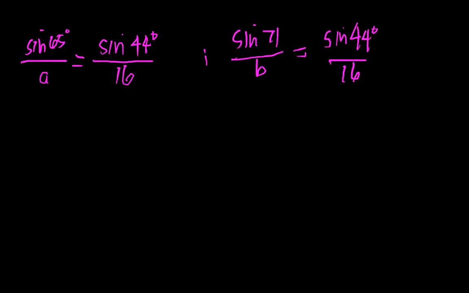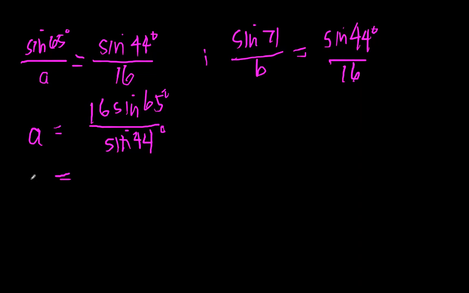This is simple algebra. So A is equal to 16 times sine 65 over sine 44. Guys, can you help me with this using your calculator?